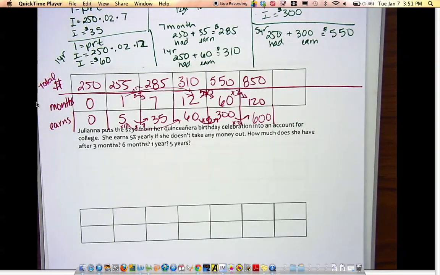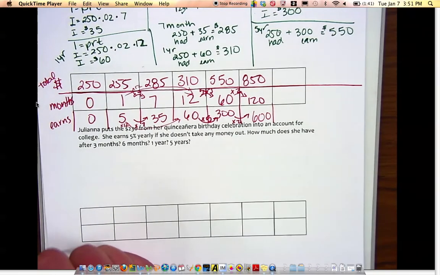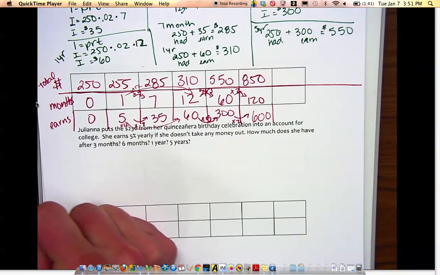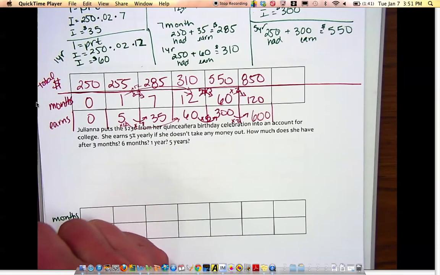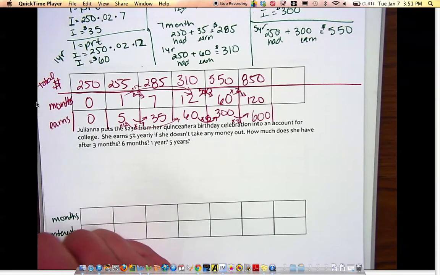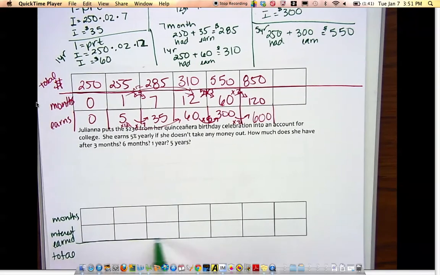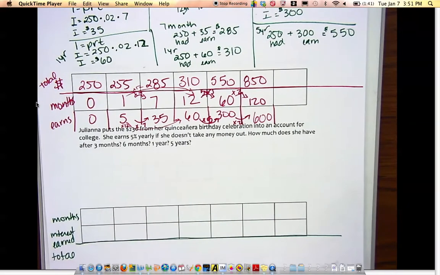Okay, so this one I think I'm going to set up differently. I think I want to put my total at the bottom. I think I like that a little better. I'm going to put my months on top, and this is going to be my interest earned. Okay, so my total, just going to kind of separate that out.